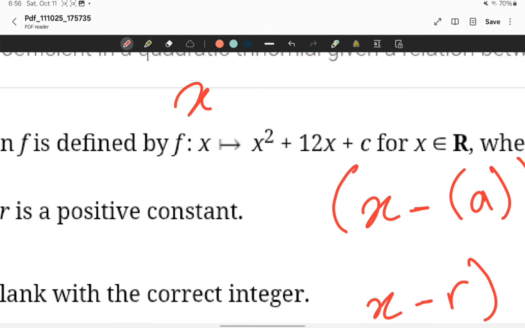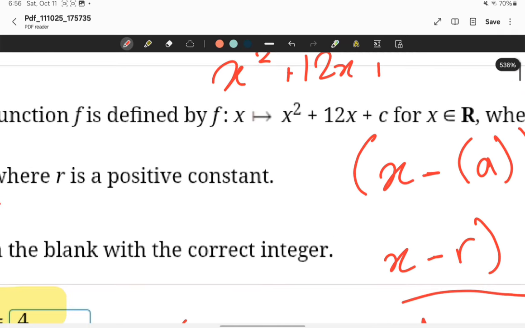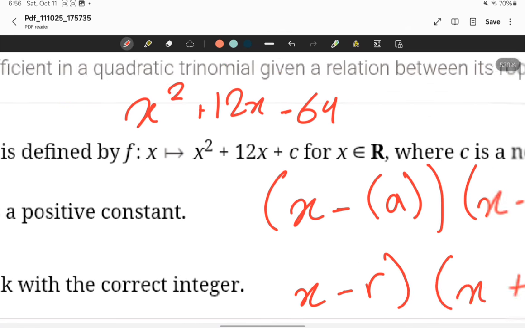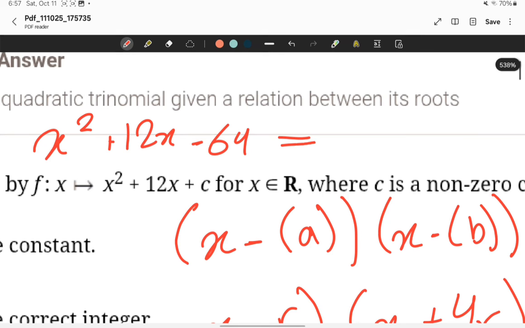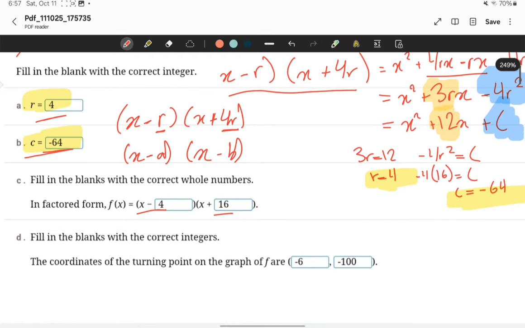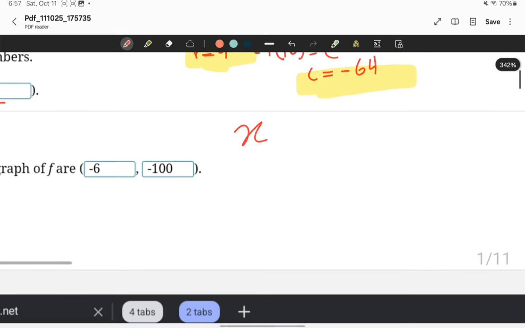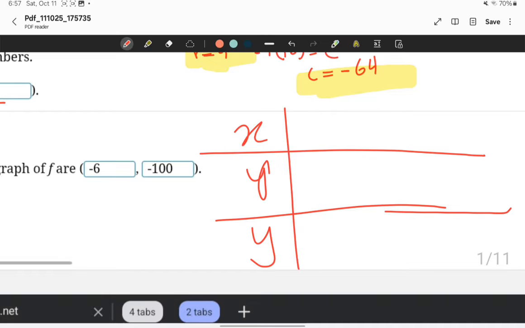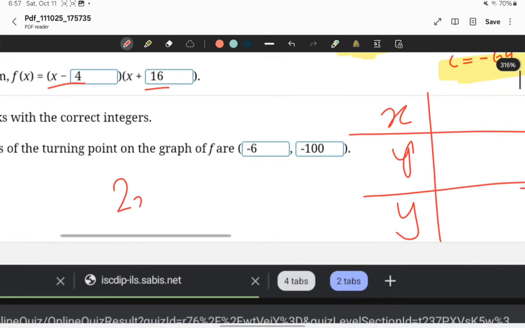So it's going to be x squared plus 12x plus c, which we found to be minus 64. So we're just going to write minus 64 straight away. Okay, and we derive this to make it y prime, we get 2x plus 12. Yeah, this is all because we want to make this table, the x, y prime, y, and so on.